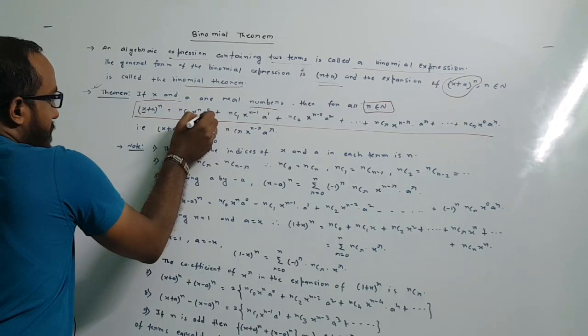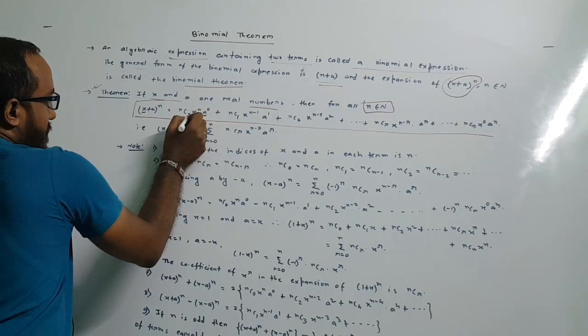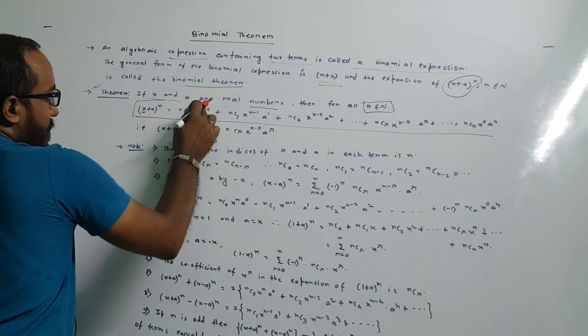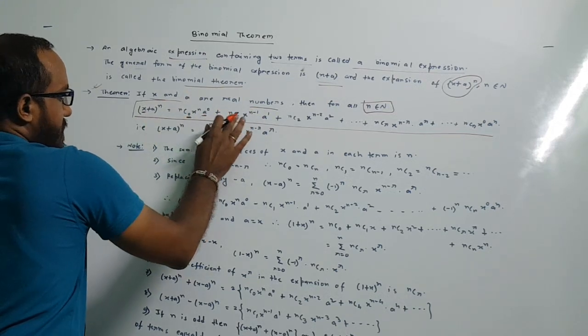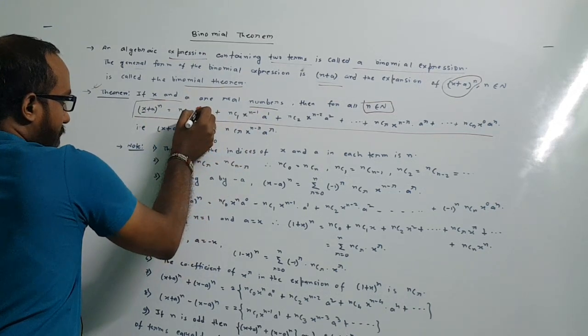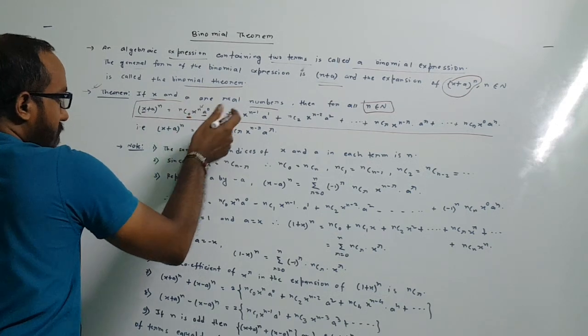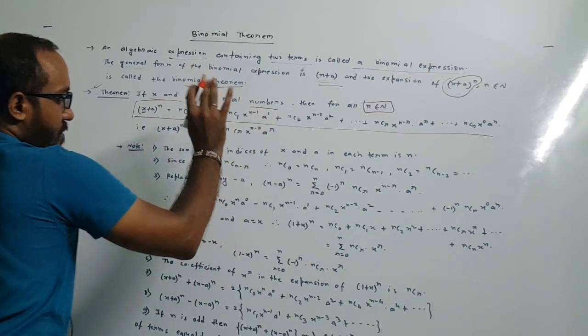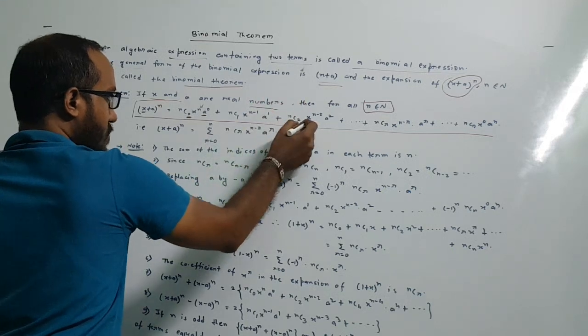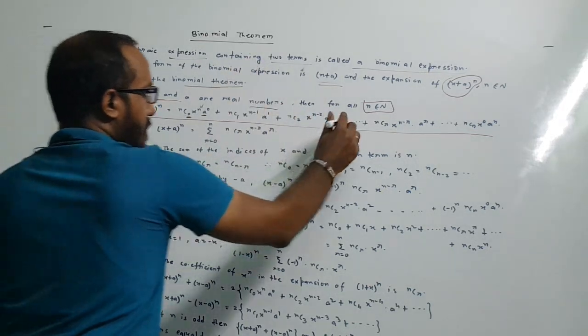Plus then increase by 1: nC1, and the power of x would be decreased by 1. So nC1, x to the power n minus 1, a to the power 1. The next term would be nC2, x to the power n minus 2, a squared.